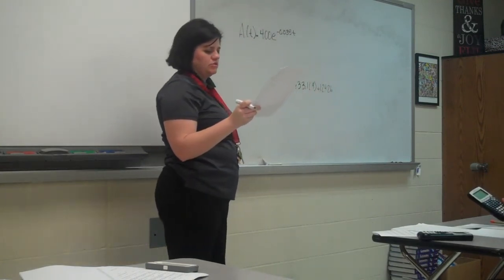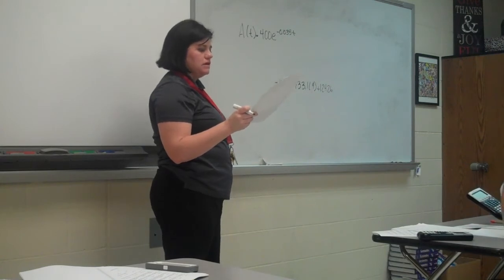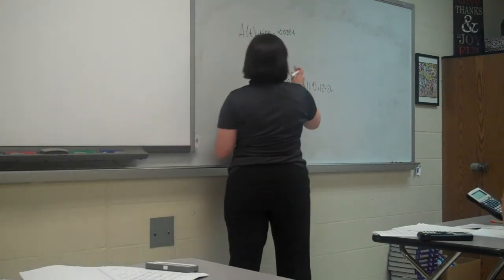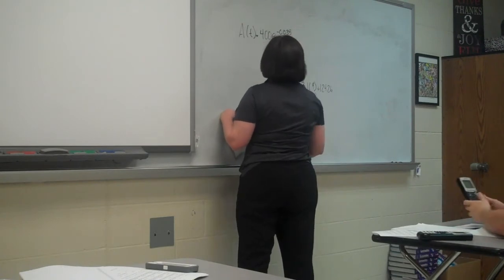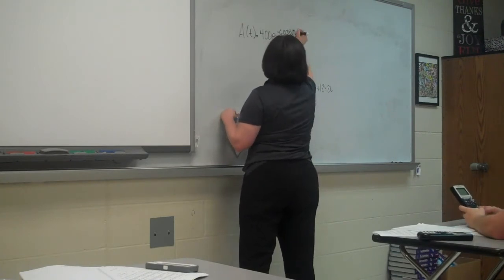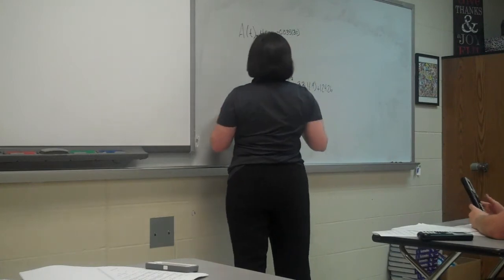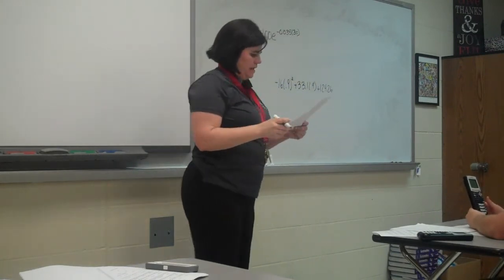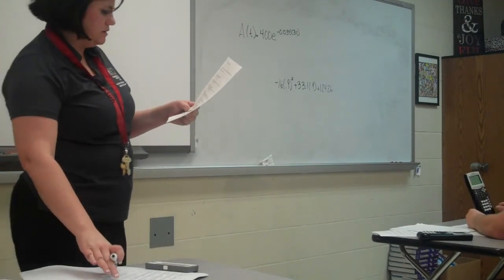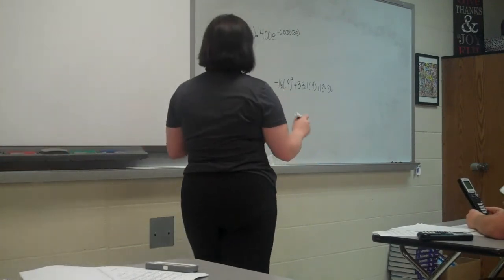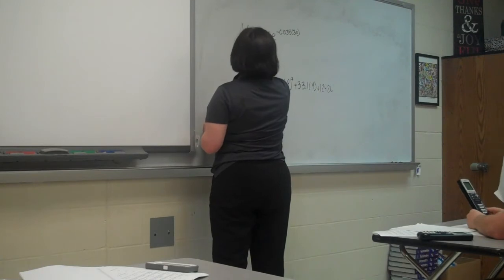How much of the substance will be left in the sample after 30 years? So all you're going to do is plug in 30 for T, and be careful about rounding. And the answer should be C, 140 grams.